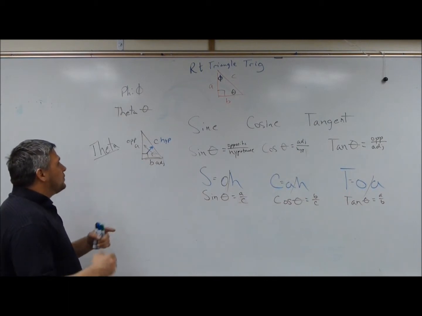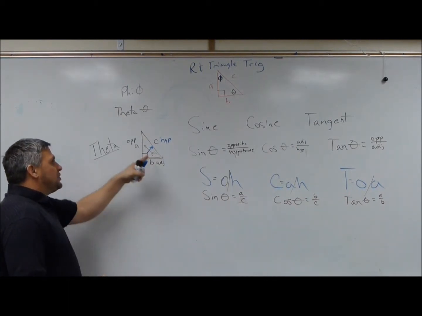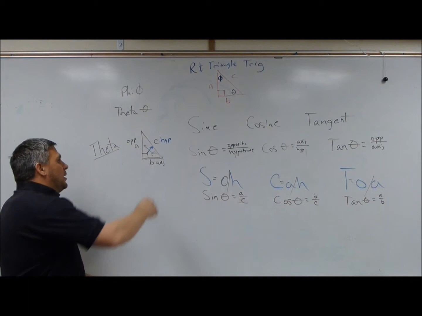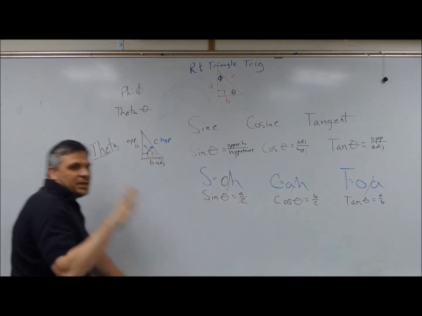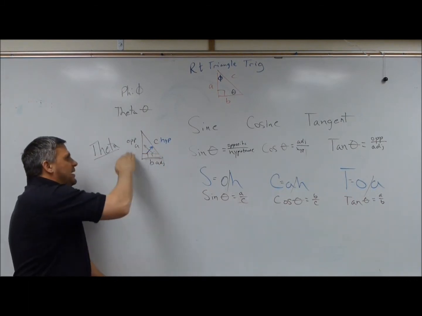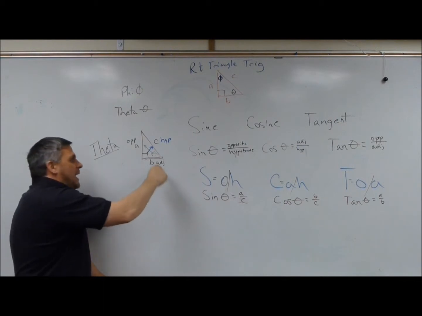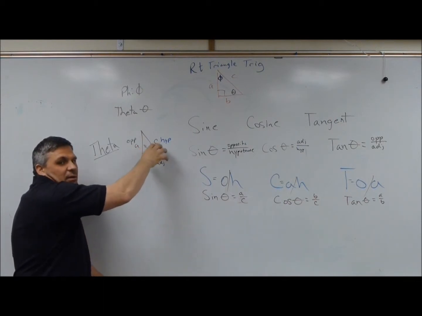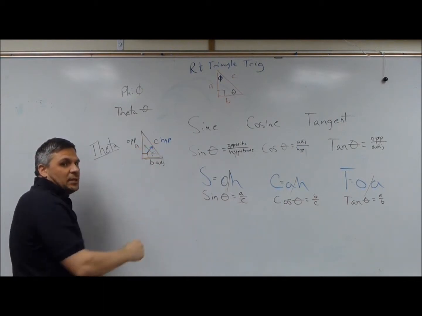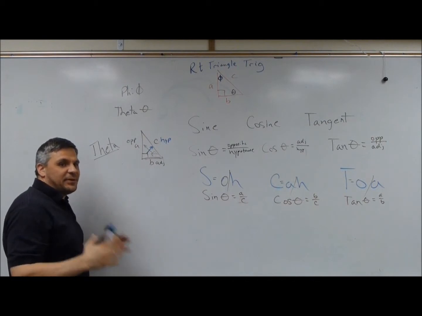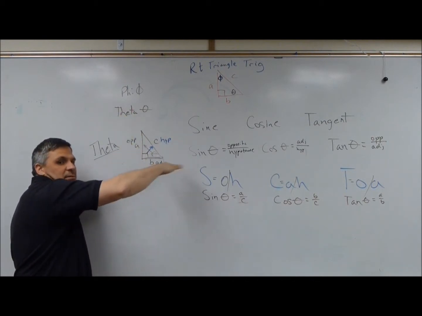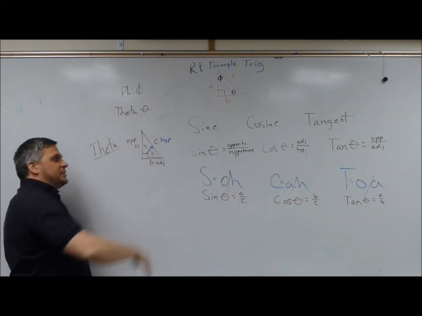Alright, so when you have a right triangle, you're set up with a base angle that you're looking at. In this case, we're looking at theta. And from this base angle of the triangle, we have some things that we have to figure out. We have two legs, and we have one hypotenuse.